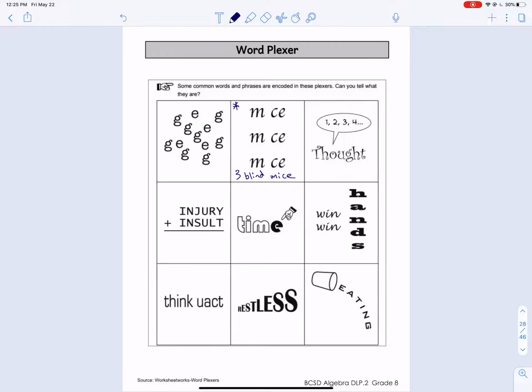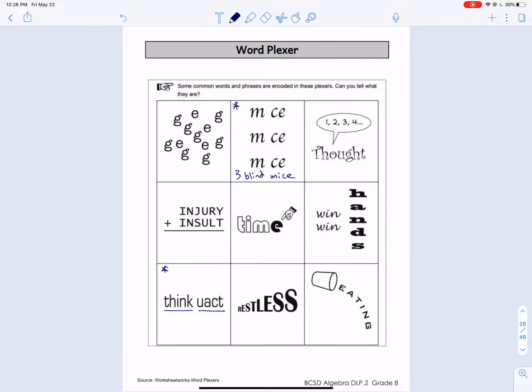And then again, these are kind of like old storybooks or colloquialisms, things like that. So if you didn't grow up around this stuff, it's probably not going to make any sense. So, just do the best you can. There's another one that we should all know, and that's the bottom left, and it's just think before you act, right?